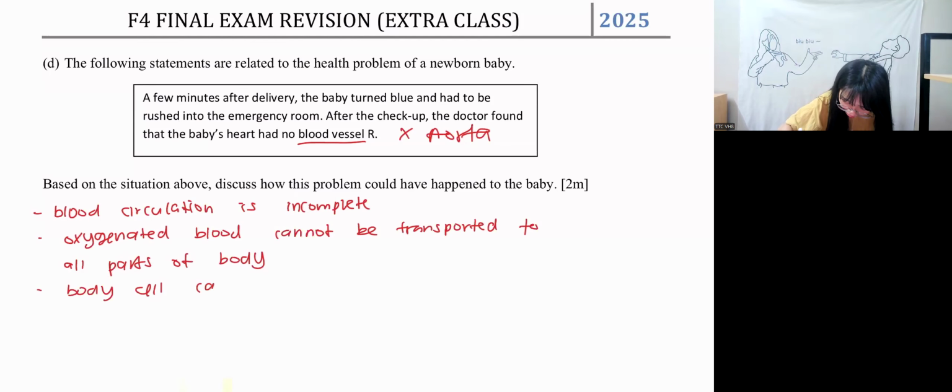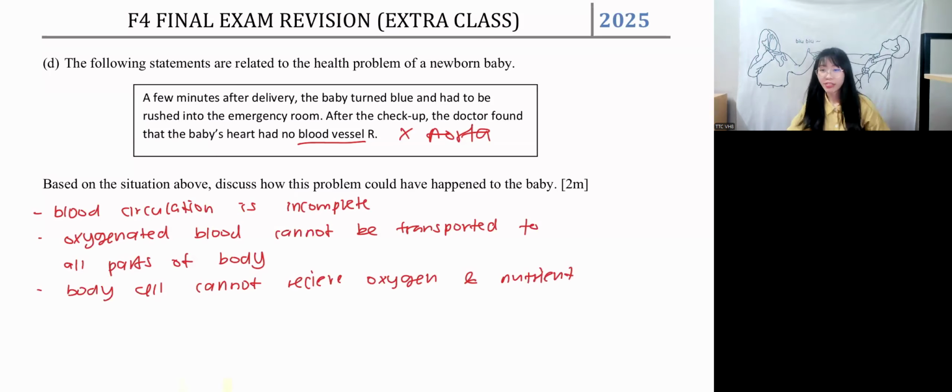Body cells cannot receive oxygen and nutrients. If you want to talk about more, you can say they cannot carry out cellular respiration. Yes, so this is your answer.